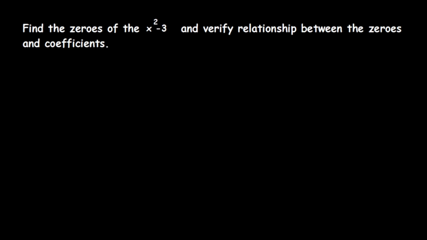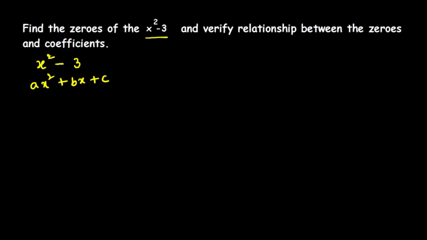Now here is one more important model, that is x square minus 3. There is no x coefficient here, that means there is no b term in this x square minus 3. Now this one we compare with ax square plus bx plus c, which is called the general form of a quadratic polynomial.